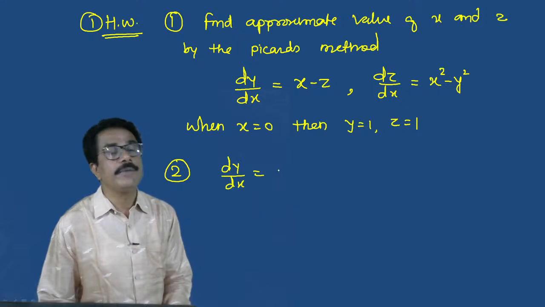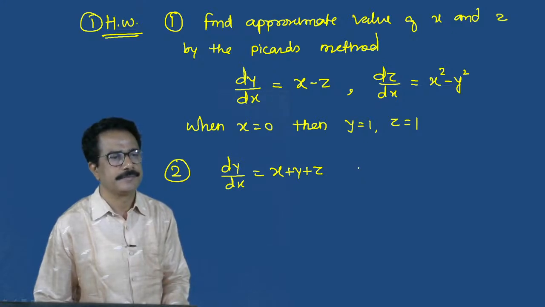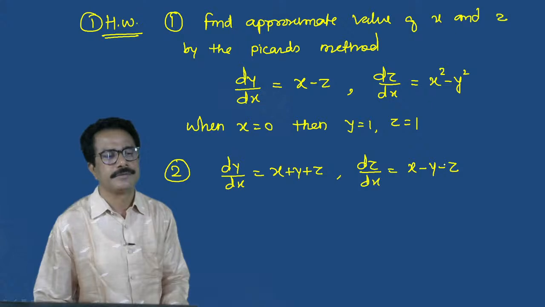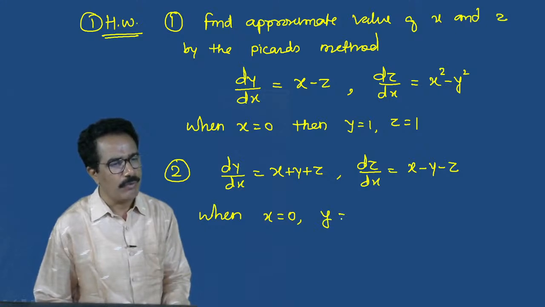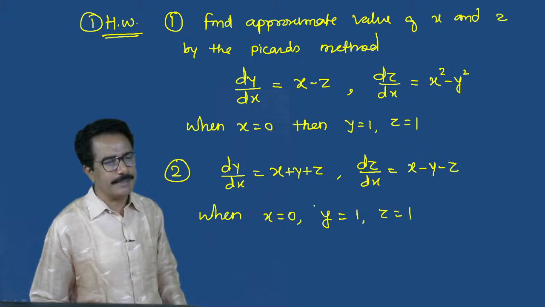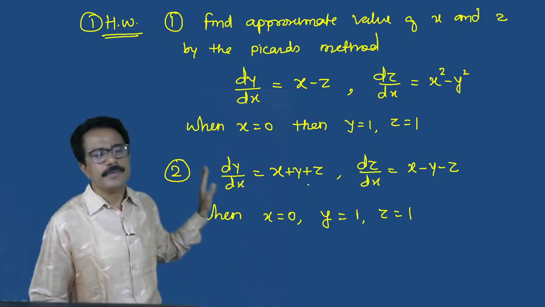You can write dy by dx is equal to x plus y plus z, and dz by dx equals x minus y minus z, when x is equal to 0, y is equal to 1, z is equal to 1. Is it okay? So solve in this way, the solution will come out in this way. Okay, solve these two.